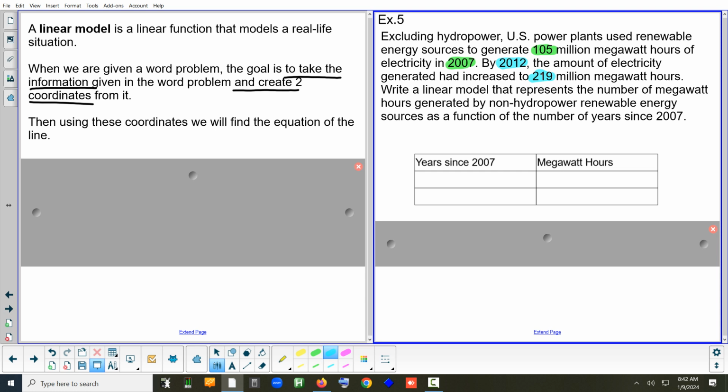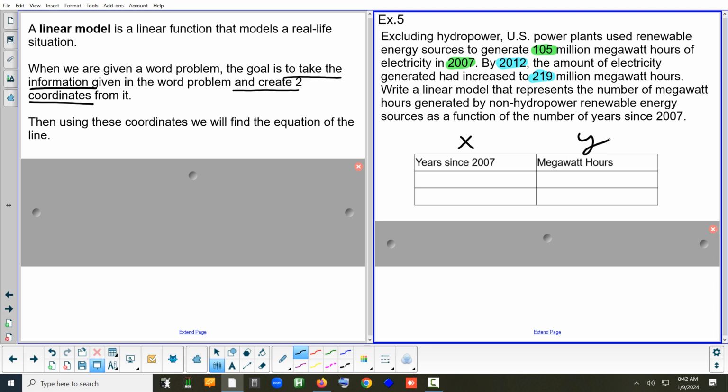So now it says basically to write an equation that represents that information. What I did is I started you off with a table. On the left side of the table it says years since 2007, and then how much electricity was produced. This in our table is going to be our x value, and this number is going to be our y value.